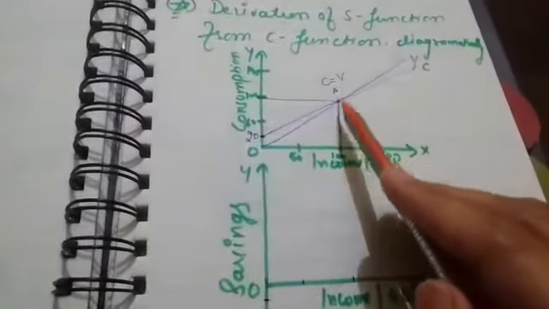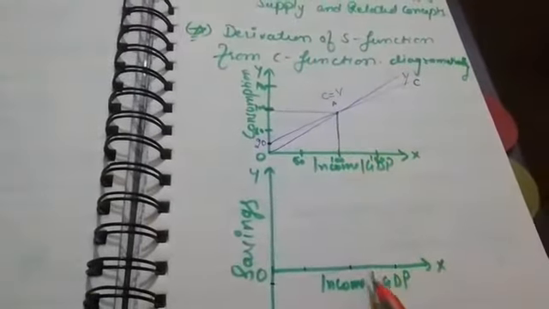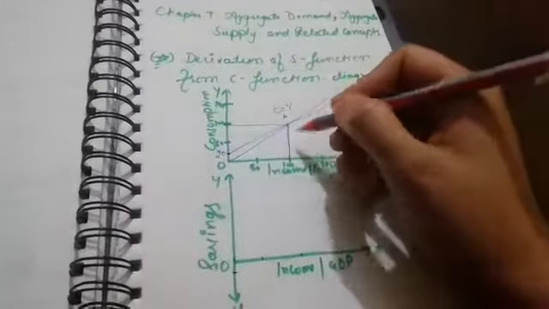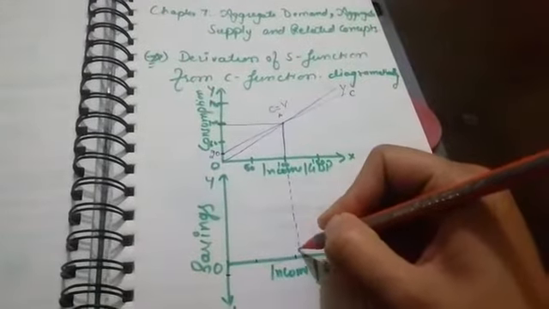Clear? Now this is the consumption curve. We have to derive the saving curve. Look here, where consumption is equal to income. From that point you have to draw a straight line hypothetically, which will join the OX axis in the second figure.